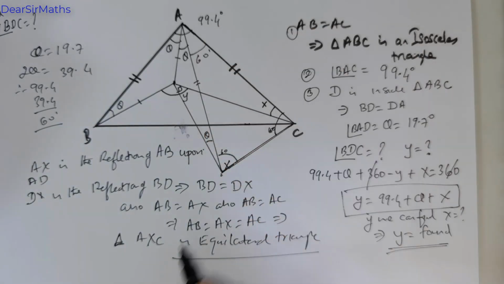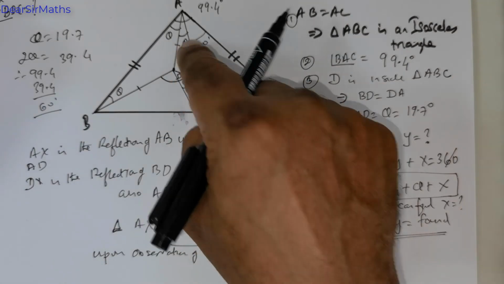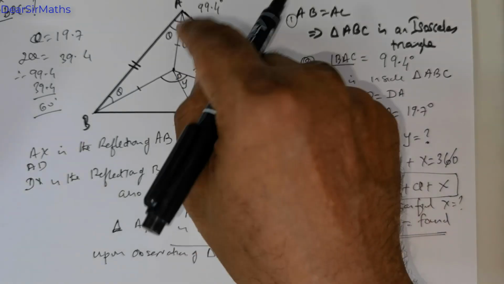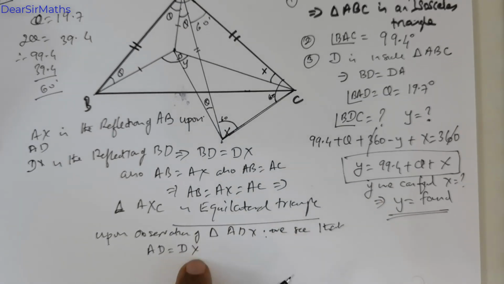Upon observation of triangle ADX, you have the same base angle. Theta is here, theta is created here. So we see that AD is equal to DX, right? So these two sides are equal.